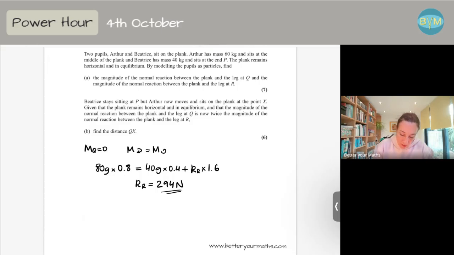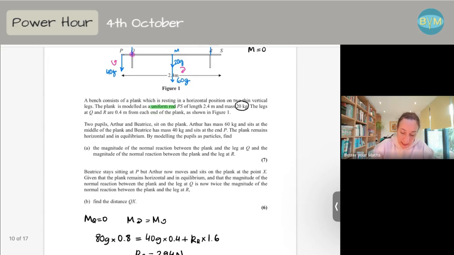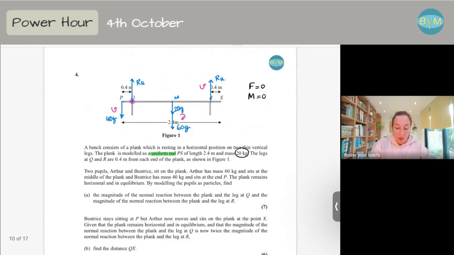And now, so this is RR. They are asking us the other one. You could, again, take moments. And now, because you know this one, you can take moments about any other point. But it's easier if we use the resultant force equal to 0, which means that the forces pointing up are going to be equal to the forces pointing down.